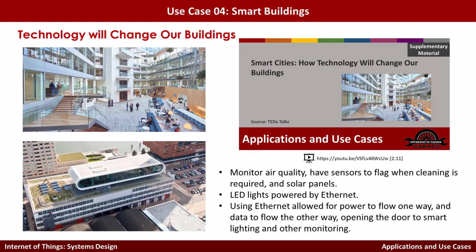It is fully powered by solar panels. They have used LED lights powered by Ethernet, where Ethernet is used for both power and data communication, and then powered all the smart technologies using the Ethernet cable without having wirings.